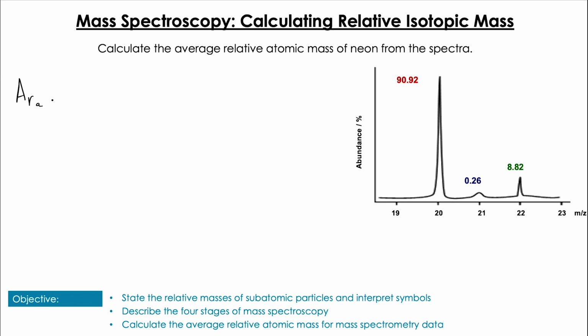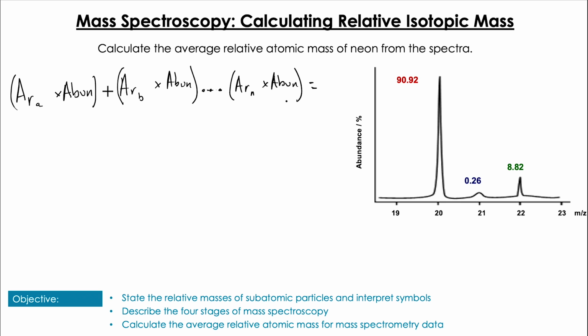So we're going to take the relative atomic mass of isotope A, whatever that may be, multiplied by the abundance. Then we're going to add to that the Ar of isotope B times the abundance, all the way to as many isotopes as we have, multiplied by the abundance, and that is going to equal our relative isotopic mass.